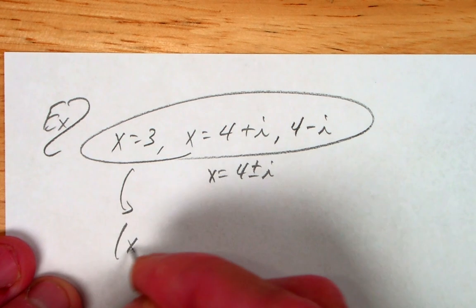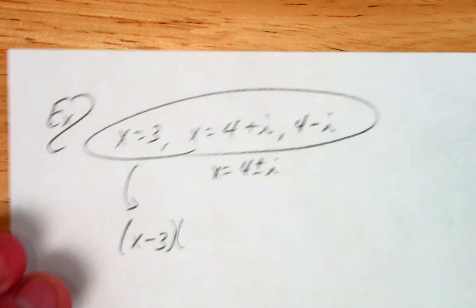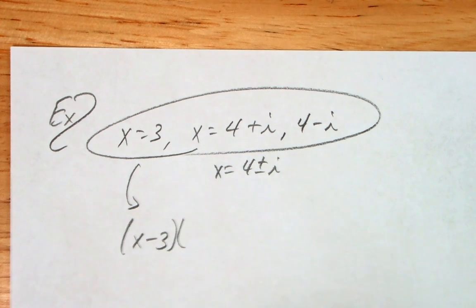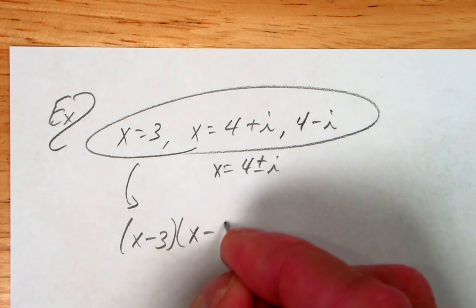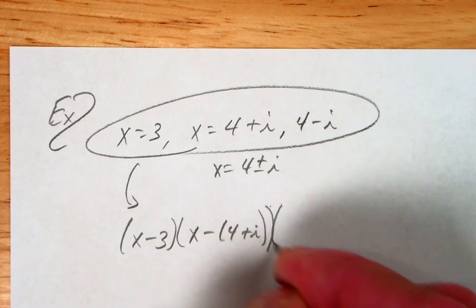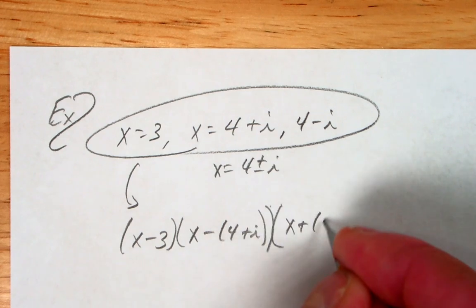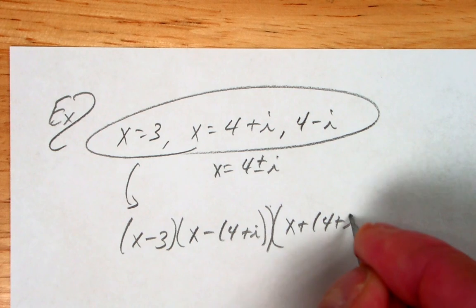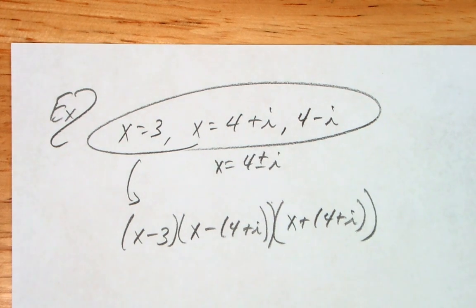First binomial, x minus 3. Next binomial, x minus 4 plus i. x plus 4 plus i. And then we have to multiply all that out. Okay?